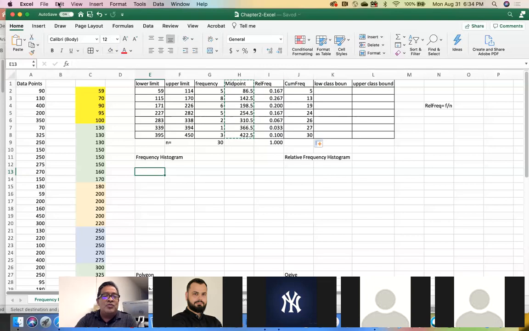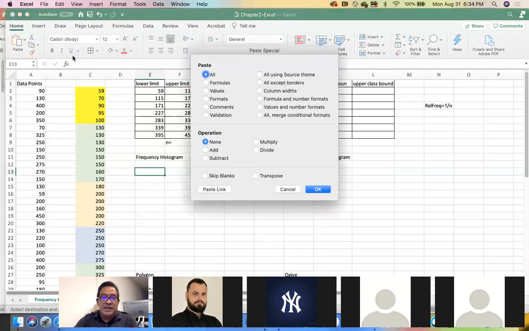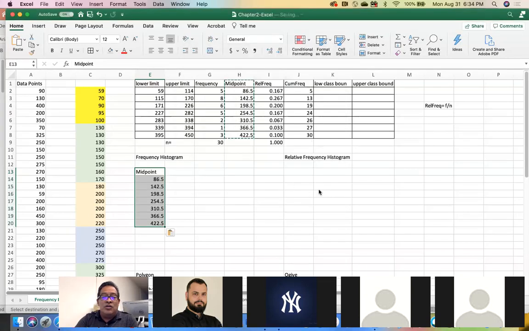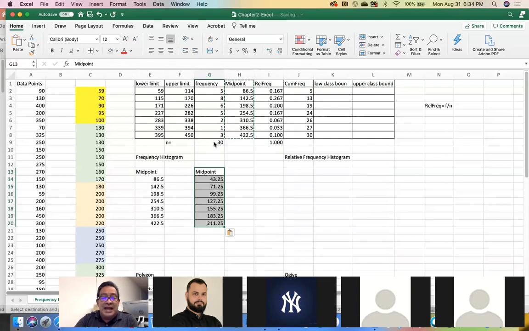So I'm going to say edit, and paste special. I don't want the formulas, I want the values. So I'm going to paste the values and create a column with the values. If I don't do this, and I paste, you can see that it gives me different numbers.